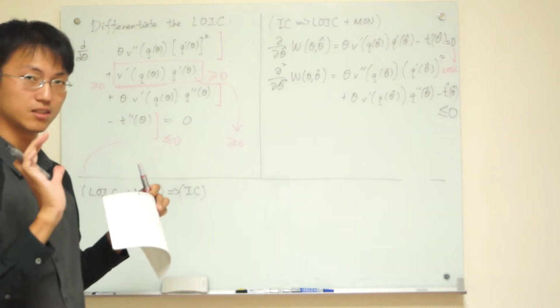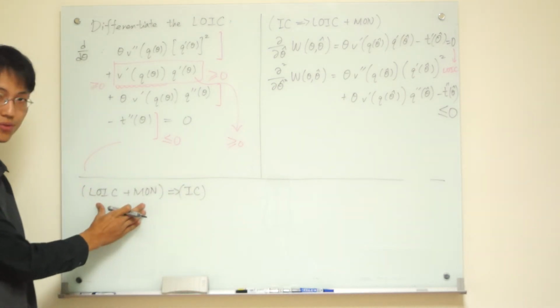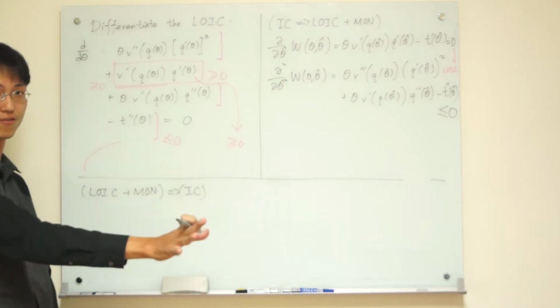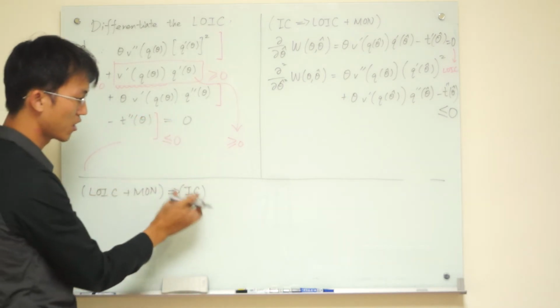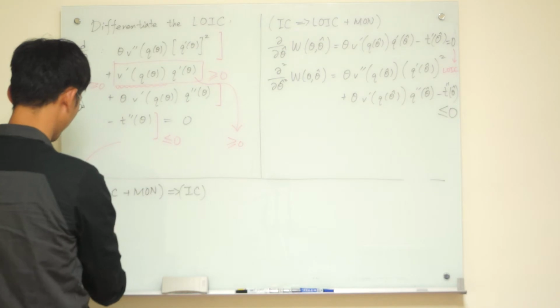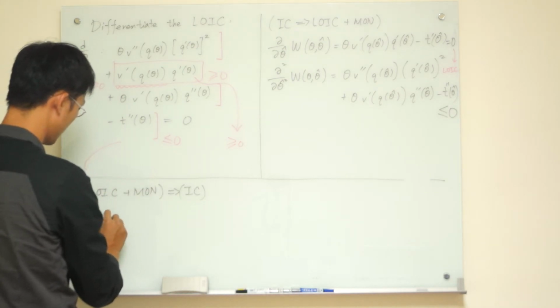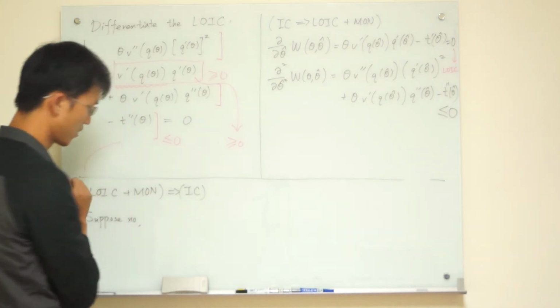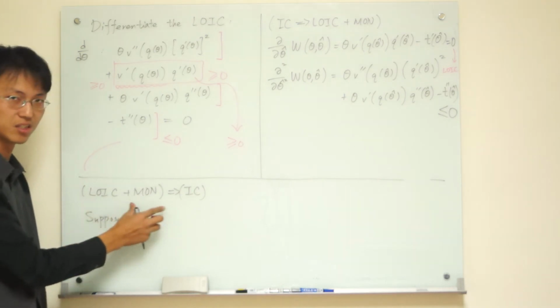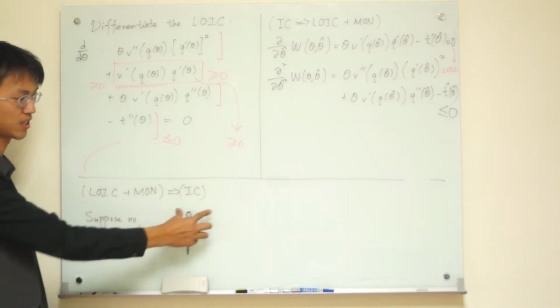I'm saying that if I have these two, I have IC for forever. So now let's assume this is not true. I have local IC and the monotonicity, but I do not have IC.